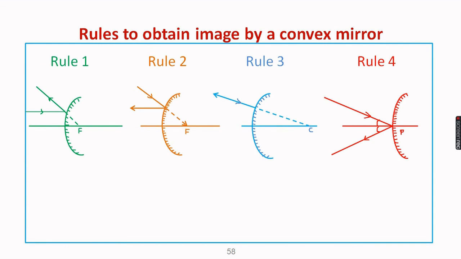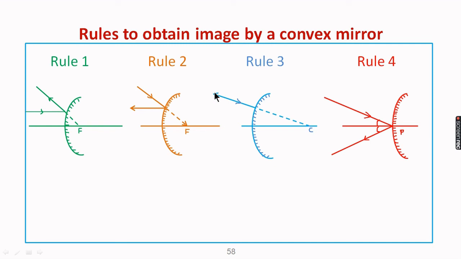Let's see the rules for the convex mirror also. It also has 4 rules. So first of all, this is the incident ray which is parallel to the principal axis. When it reflects, it appears to come from principal focus. Rule number 2 is opposite of rule number 1. In this, the incident ray is directed towards the principal focus, and after reflection it becomes parallel to the principal axis.